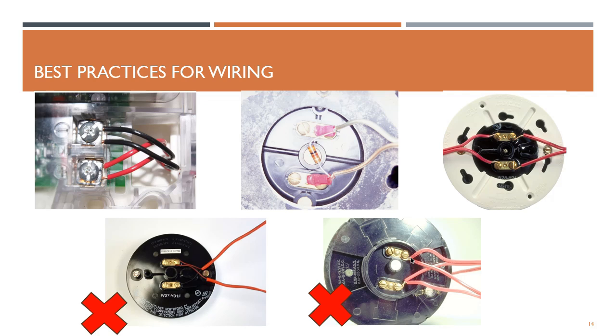You can see that the jacket is not cut too short, so entering the device is the correct way to do it. The device on the right is an end of line device. As you can see, they have the end of line resistance, so they only have two cables, and this is the correct way to carry out the installation.